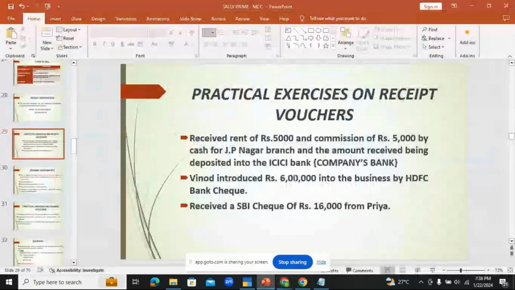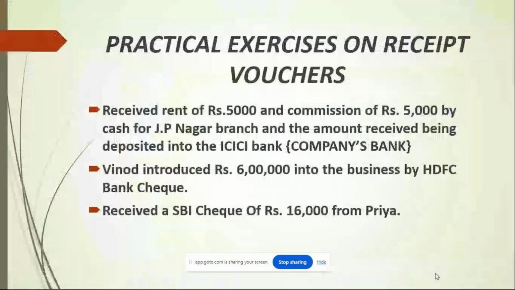Now, see here, I've given that the company has received an SBI check of 16,000 from Priya. In the previous case, Vinod has introduced 6 lakh into the business by issuing an HDFC bank check. In the first case, I've given it as introduced 6 lakh, so the answer is that it is a capital introduction to the business.